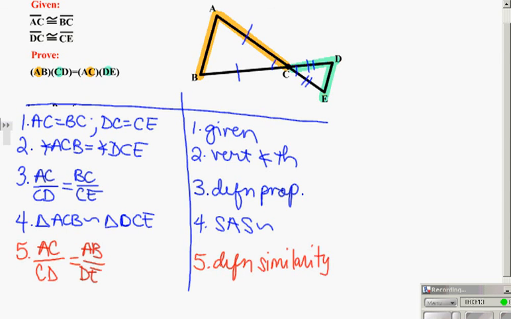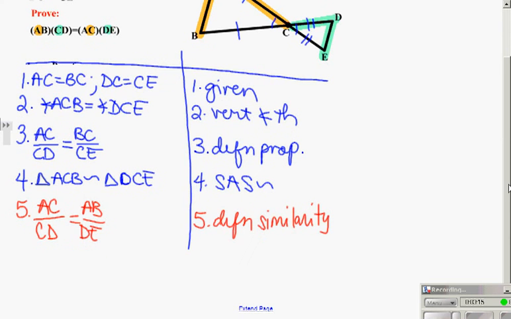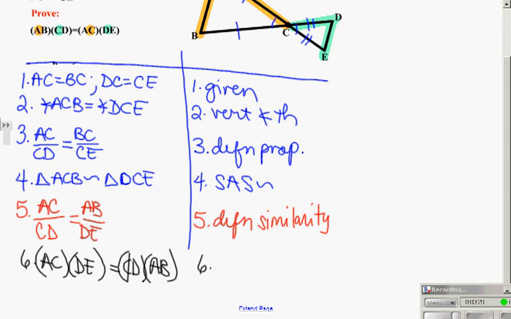And now I am just actually going to cross multiply and I will be done. AC times DE is equal to CD times AB. And that is cross multiply. And that is that proof.